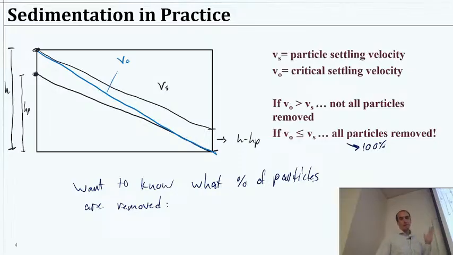But if V naught is greater than Vs, meaning Vs is just too slow for this design, then we can compare. So first we'll check V naught versus Vs, then the ratio here.